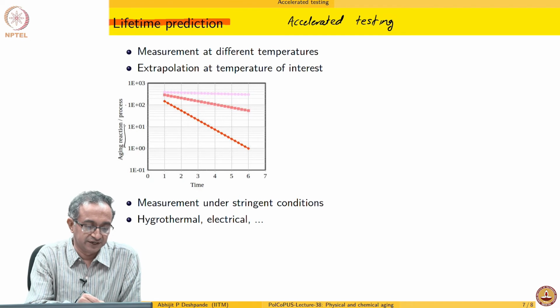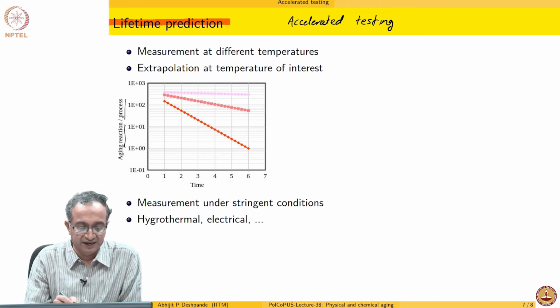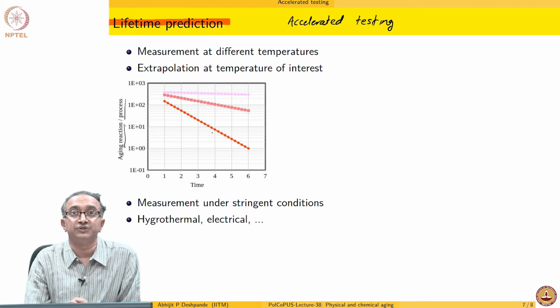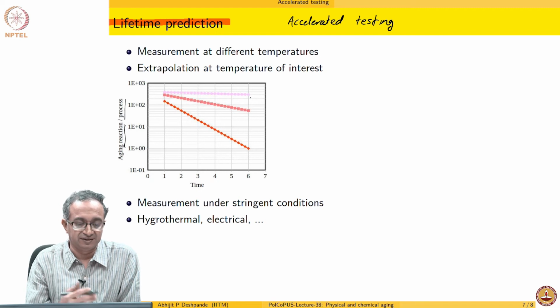And so, this reaction or process is taking place, and of course, when time goes on, there is a certain change, and let us say this is being done at different temperatures. So, these three curves are at 3 different temperatures.